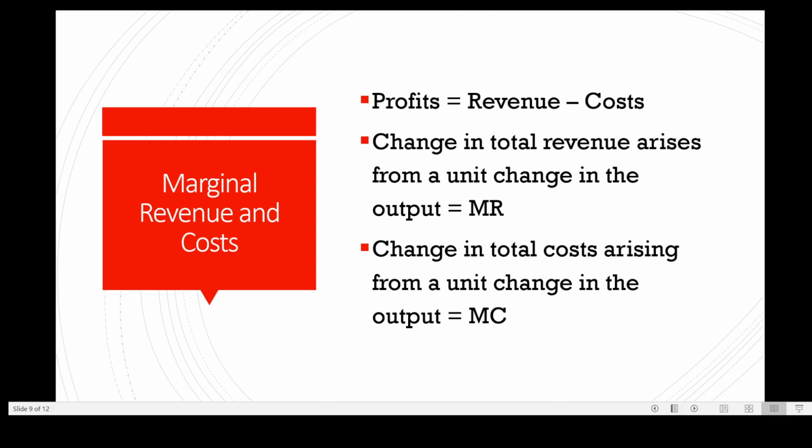Similarly, profits are defined as revenues minus costs. A change in the total revenue arises from a unit change in the output. That is, the n plus 1th unit brings a marginal revenue. Similarly, the n plus 1th unit incurs a marginal cost. This is the marginal revenue and marginal cost concept.